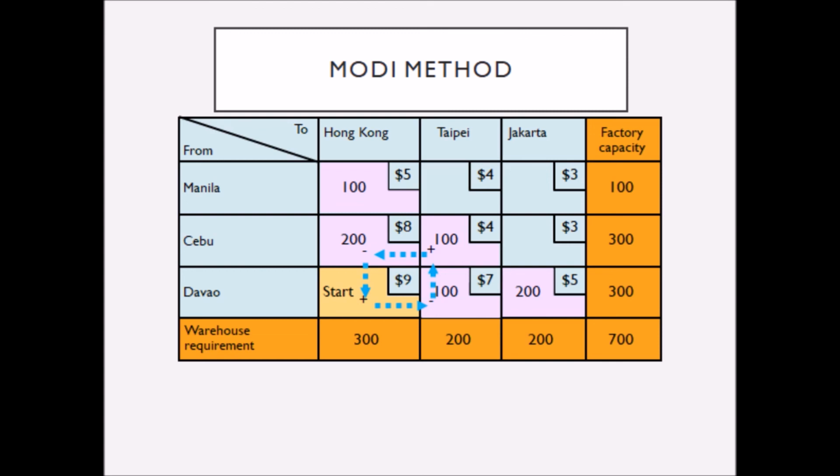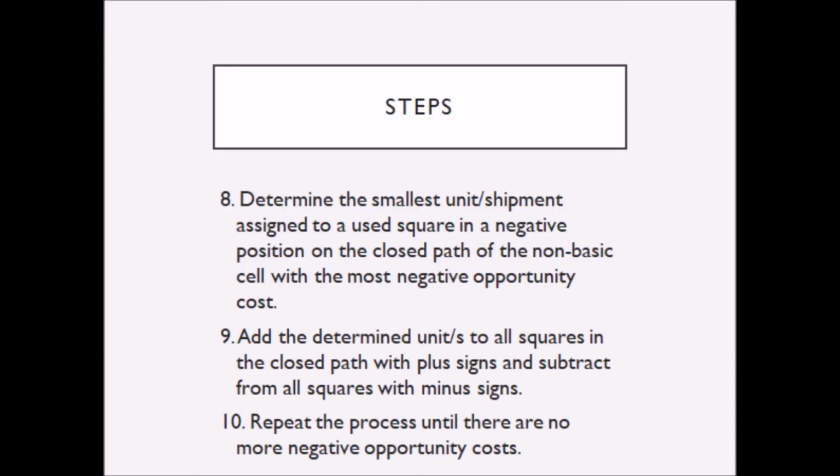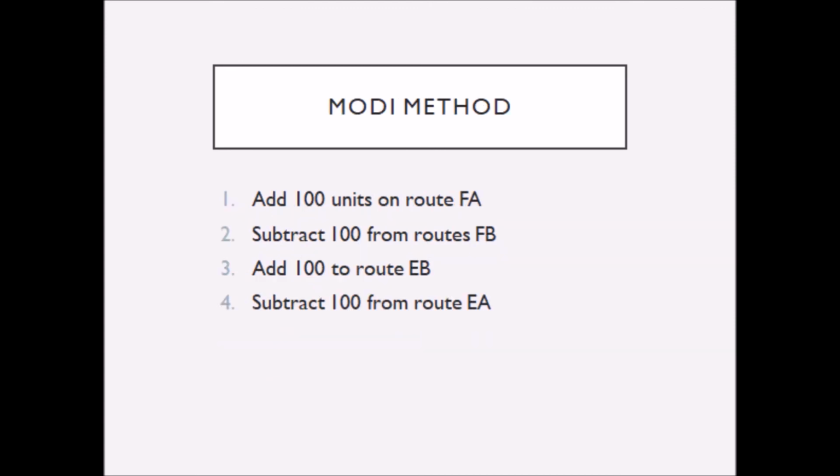And then we add the determined units to all squares in the closed path with plus signs and subtract from all squares with minus signs. So in this case, we add 100 units on the route Davao to Hong Kong and subtract 100 units from the route Davao to Taipei, add 100 units to the route Cebu to Taipei and subtract 100 units from the route Cebu to Hong Kong.